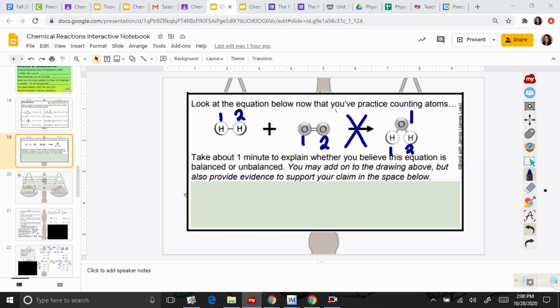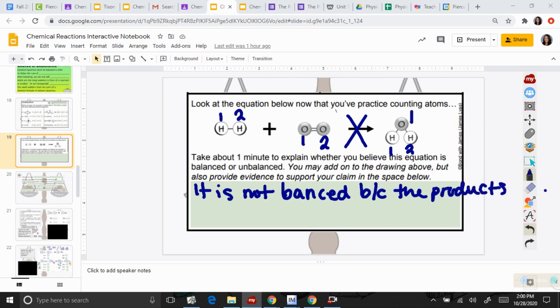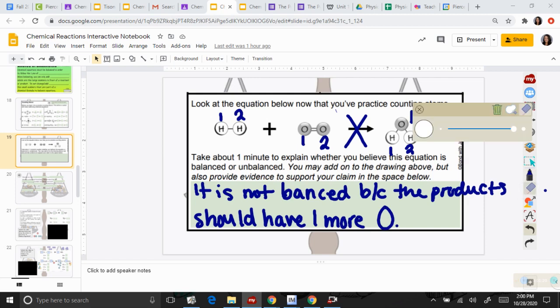No. So it is not balanced because, I'm going to write B/C, the products, remember reactants and products on the right, should have 1 more oxygen. Okay, so it is not balanced because it should have 1 more oxygen.